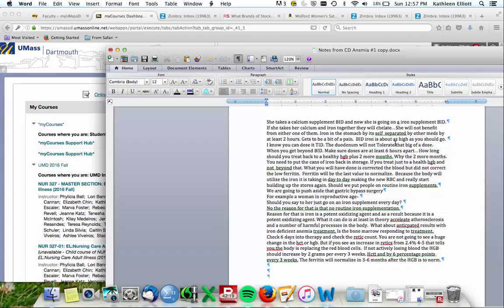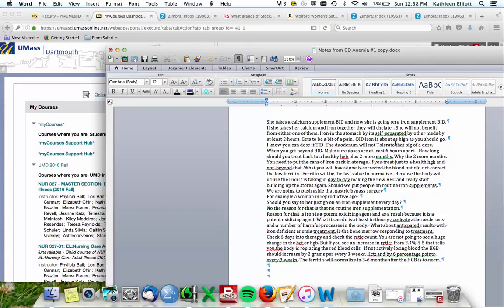If you treat just to the healthy hemoglobin and not beyond that, what you will have done is corrected the blood, but not corrected the low ferritin. Ferritin will be the last value to normalize because the body will utilize the iron as it is taking it in day to day, making the new RBCs, and only then really start building up the stores again.